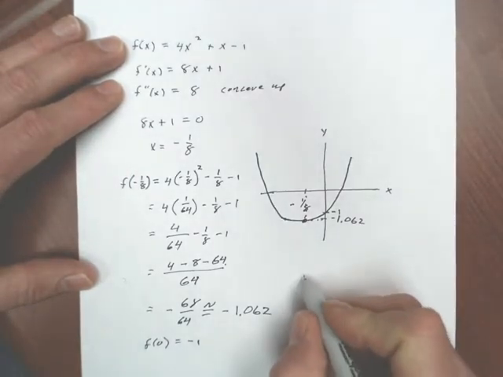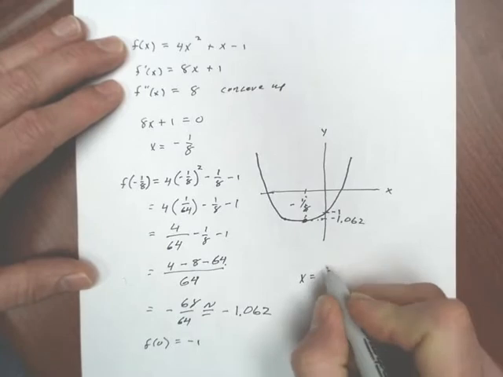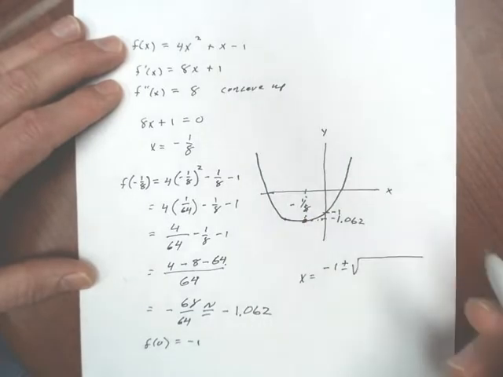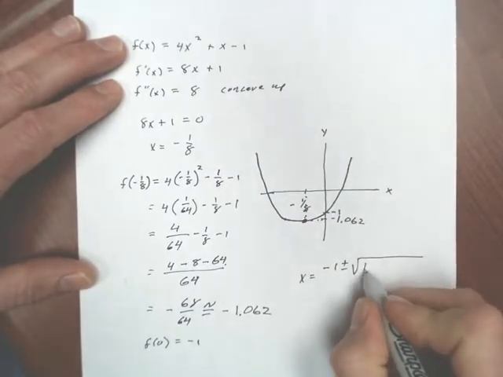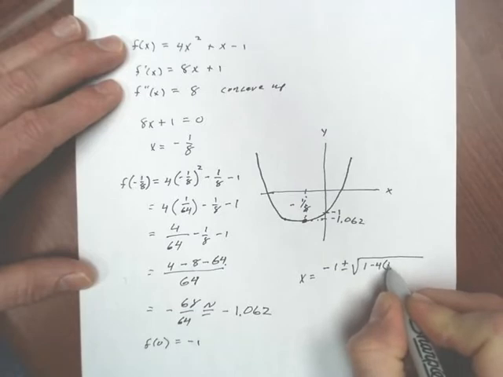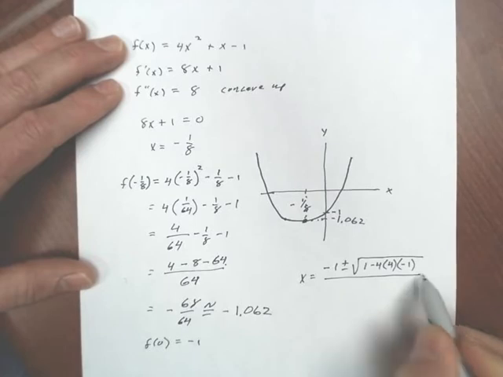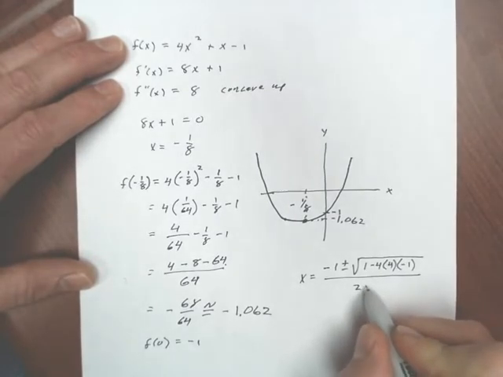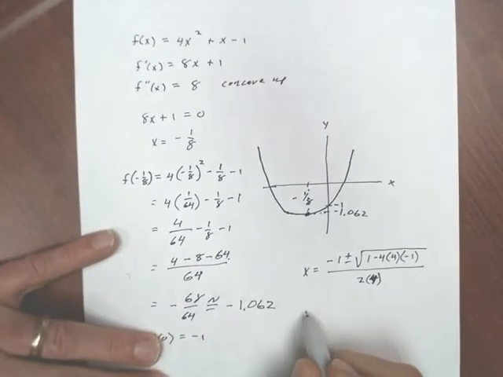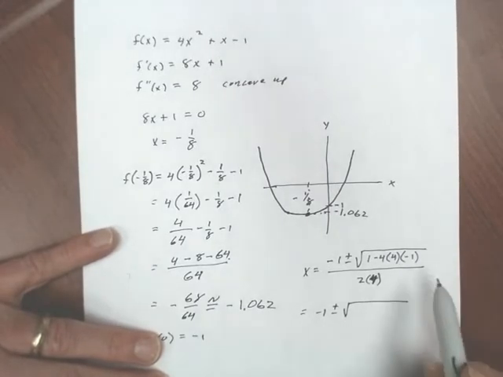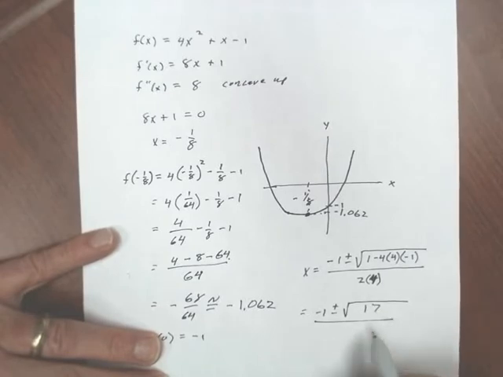So the quadratic formula will give us x equals -1 plus or minus the square root of 1 squared, which is 1, minus 4 times a times c, all divided by 2a. Excuse me, 2 times 4, 2a. So this gives us -1 plus or minus the square root of 16 plus 1, square root of 17, divided by 8.